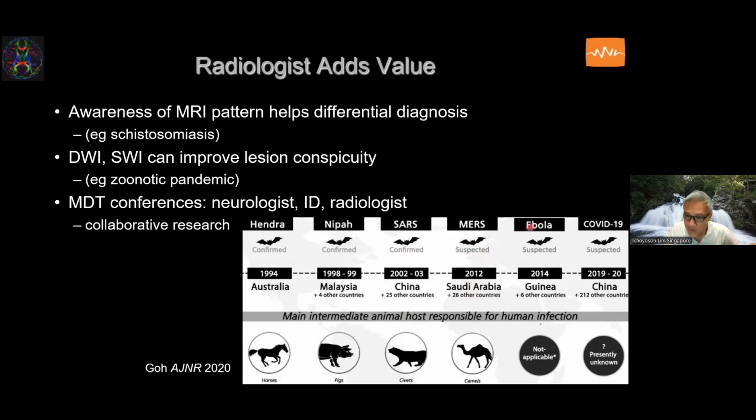And of course, we remember Ebola from a few states in Africa. And most recently, COVID-19, with a suspected reservoir in bats, crossed the species barrier.